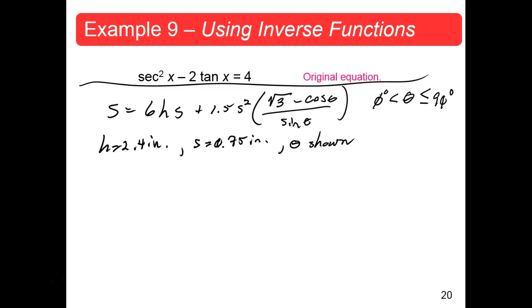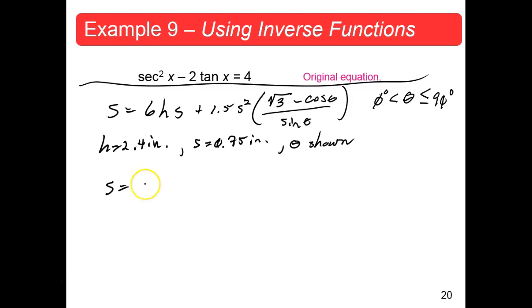Now, what they're going to do is plug in the numbers that they have here, and this surface area is then going to be 6 times 2.4 times 0.75. If you've got a calculator, you can check them on it.